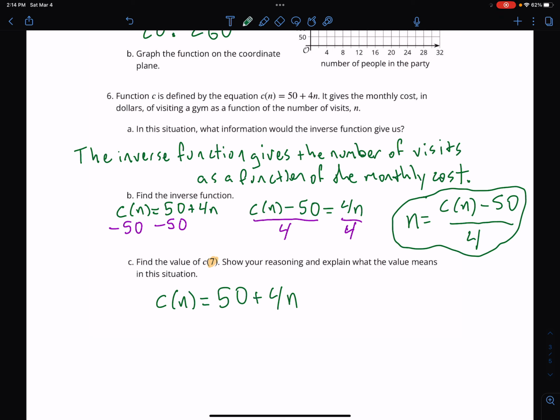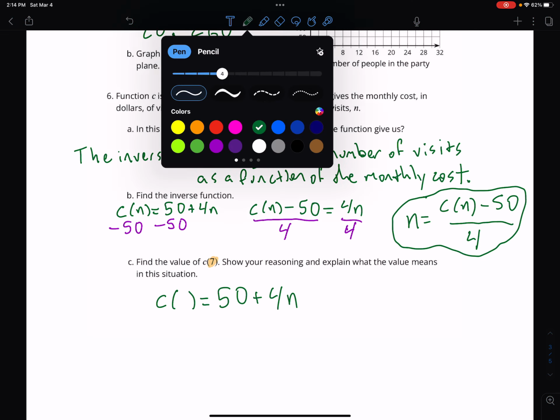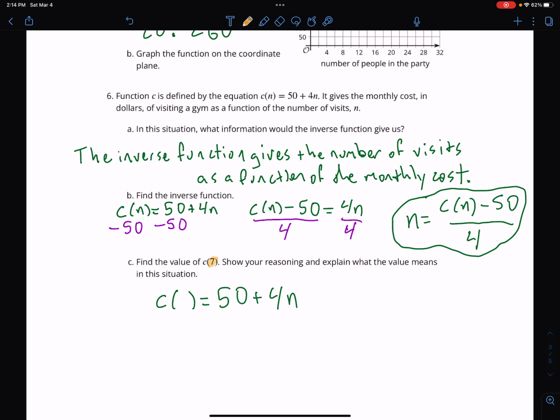Now, why did they say 7? We're going to take that and write it in orange. Let's get rid of this n. Pop a 7 in here. They want to know how much it costs for 7 visits. So what do I need to do? I need to swap out 7 for n over here.